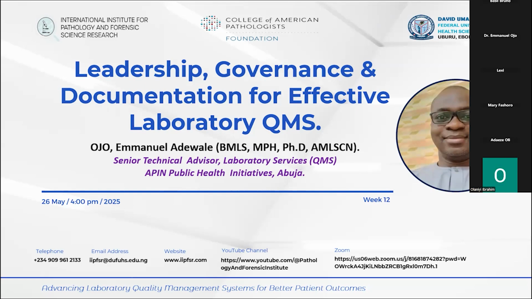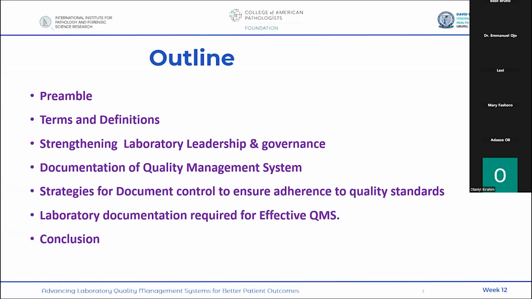So for the outline, I'll give a little bit of preamble, especially on what leadership and governance are all about. We look at it with a global perspective and also narrow it down to how it's expected to happen and how it's expected to help strengthen the implementation of quality management systems in our laboratories.